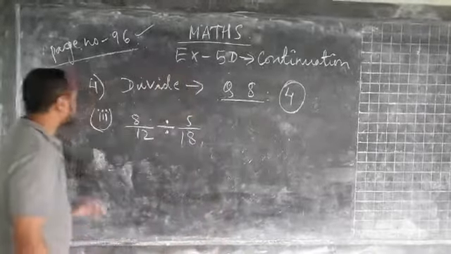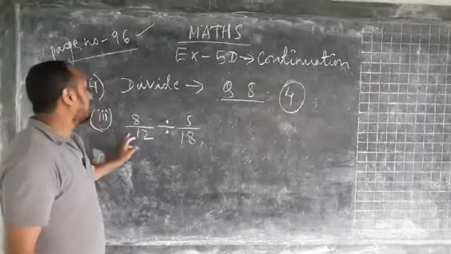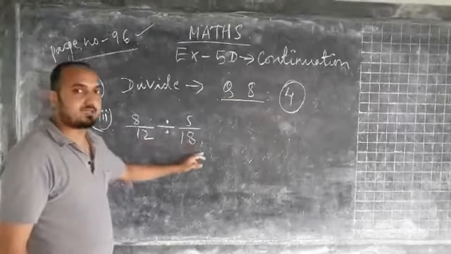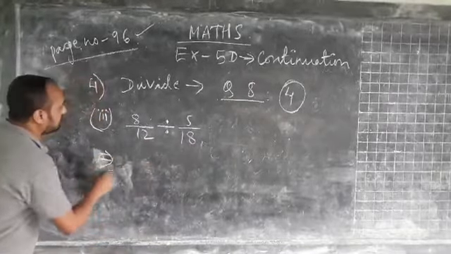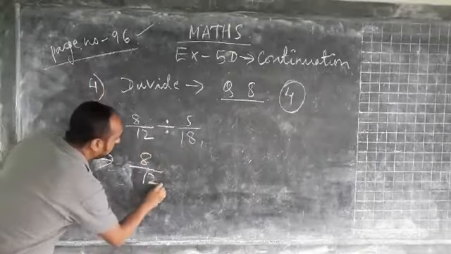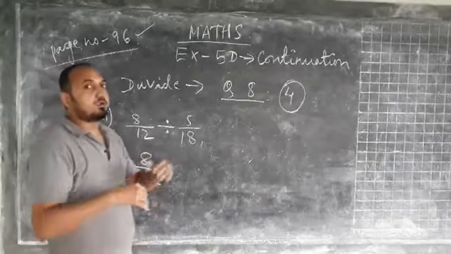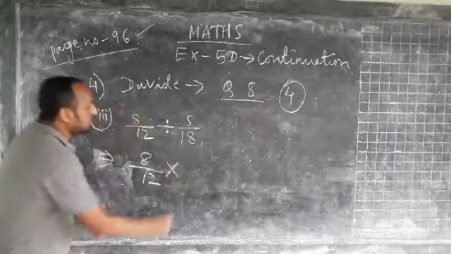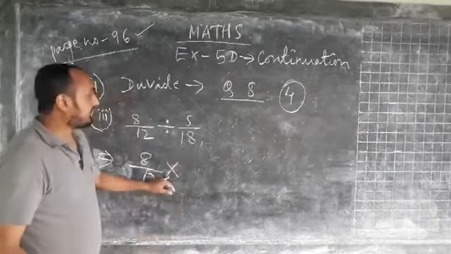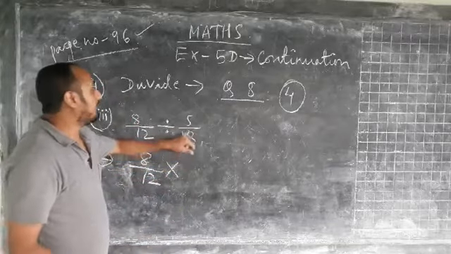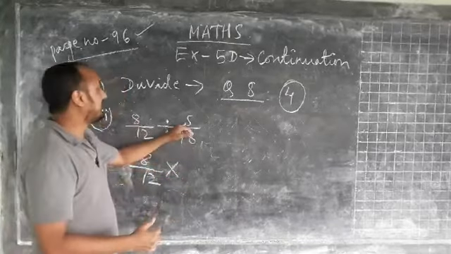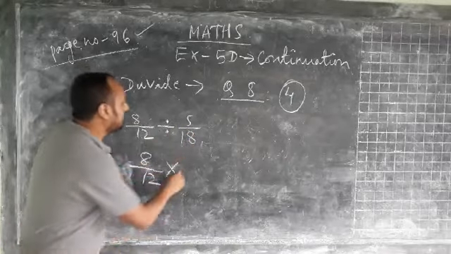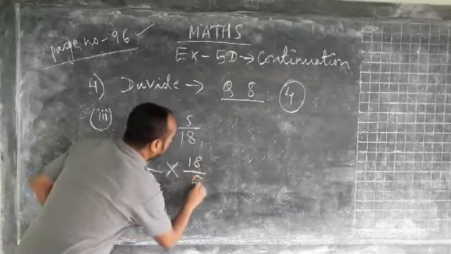So the next question, question number 3. We have 8 by 12 divided by 5 by 18. When we divide, this sign can be changed into multiply, and this number will be reciprocal. If it is 5 by 18, when we change the sign, it will become 18 by 5.